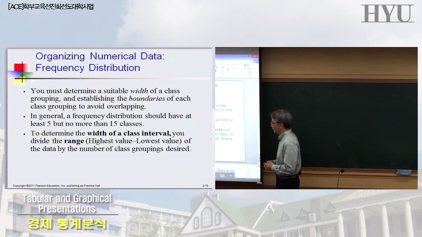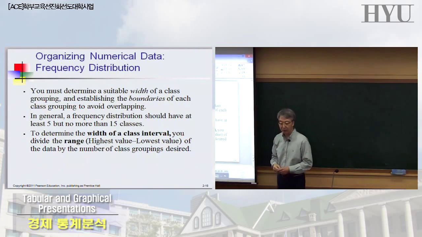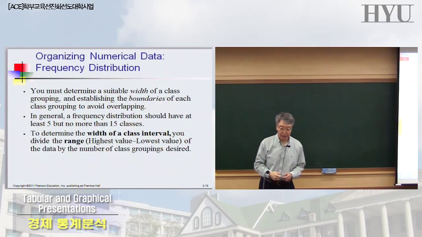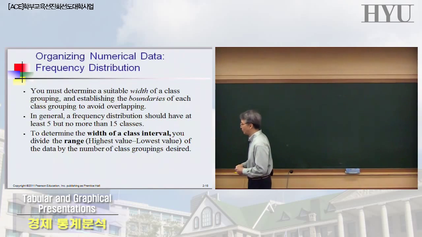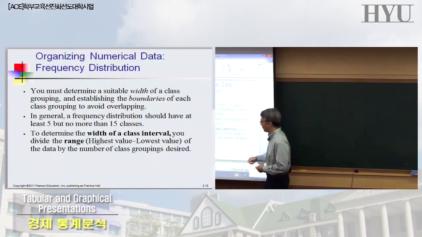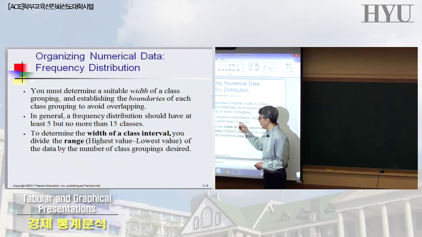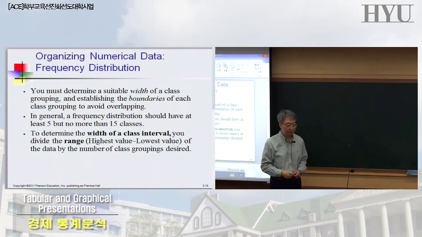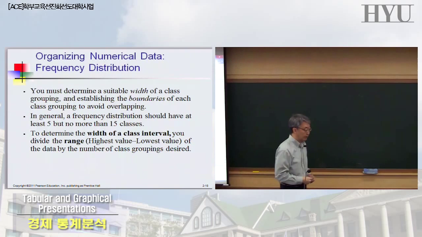And well, this is just a rule of thumb. There is no hard and fast rule. But typically, we consider anywhere between 5 and 15 classes to be normal or usual.